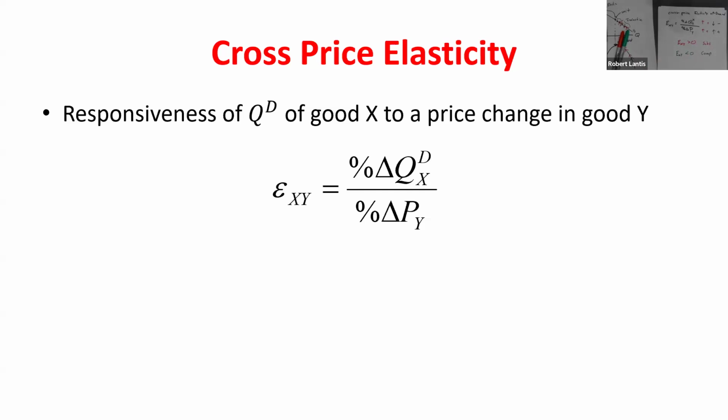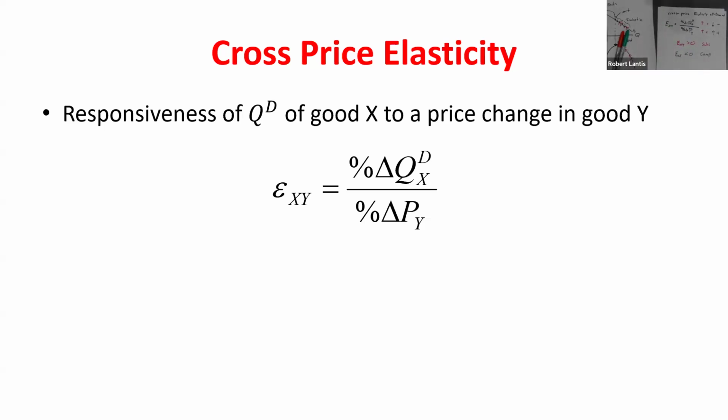What would 0 cross price elasticity mean? That when the percent change in good Y causes no change in good X, well, that must mean that they're completely unrelated. They're not substitutes or complements. So the magnitude of that cross price elasticity would basically just tell me how strong of substitutes or complements they are. But we're just going to really care about the sign, okay?